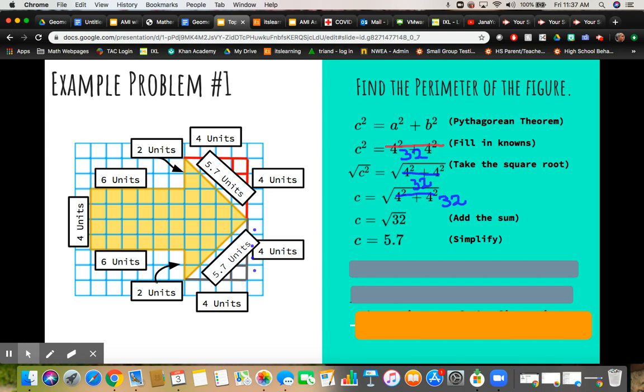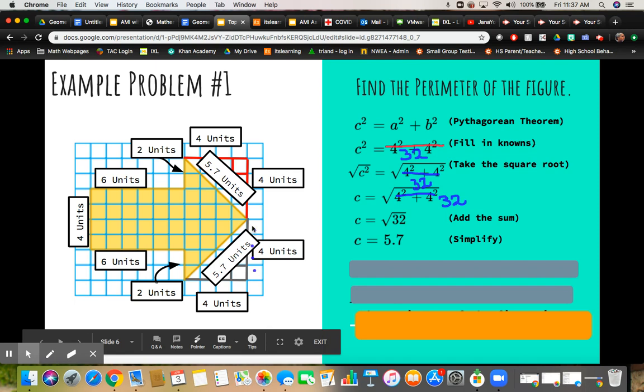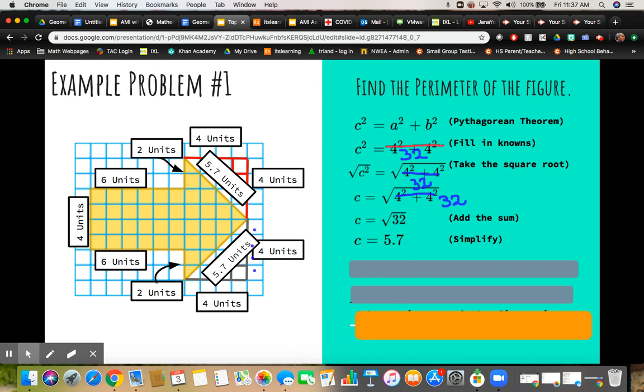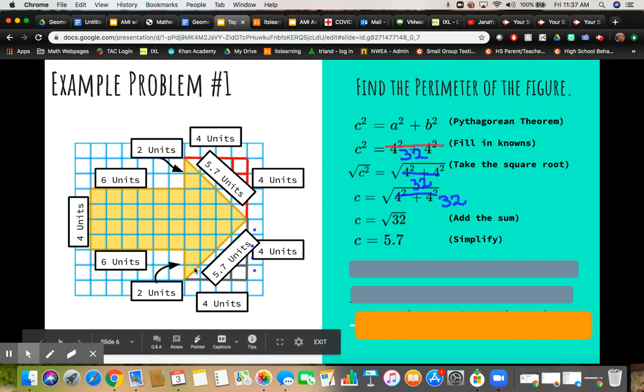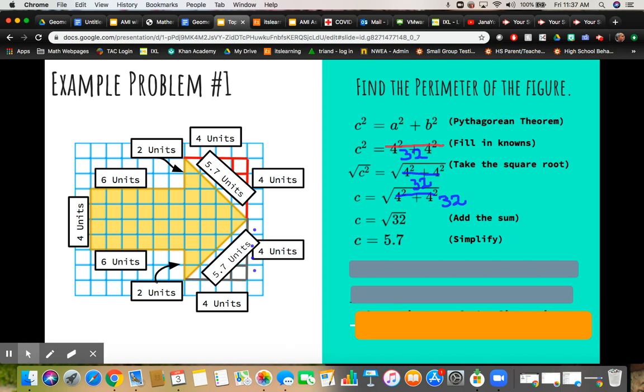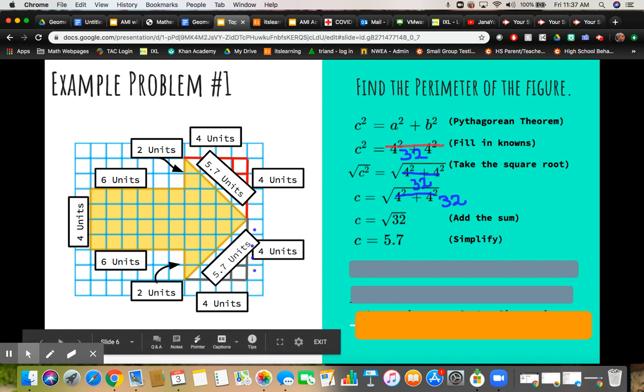And now I'm just going to take away my right triangles that I drew in these 4 units because if I'm finding the perimeter of this figure, I'm just talking about these diagonal pieces, not these right triangles that I added to the figure. So they're going to go away. And now let's find the perimeter.